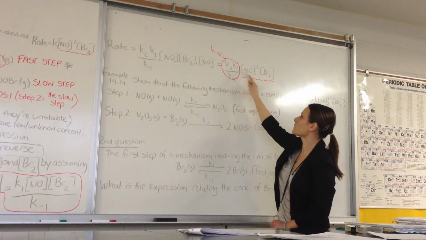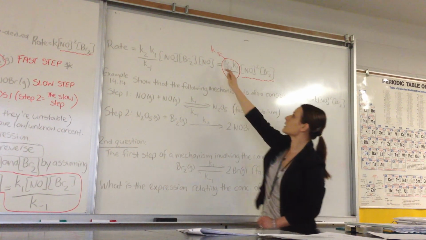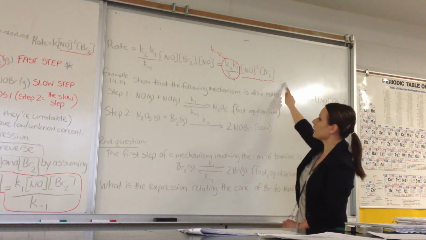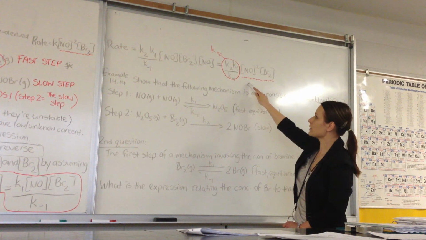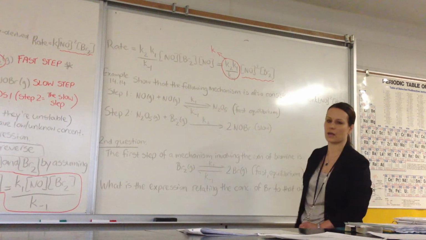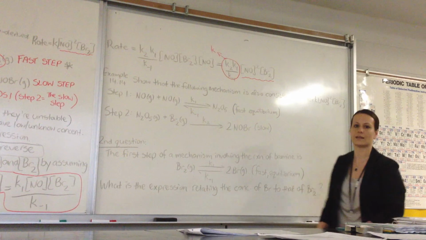The k2 times k1 divided by k negative 1 is really arbitrary because it just means k. You can just write overall k. And now we have proved that this expression is actually true. It's not only consistent, we've done a mathematical proof. So that's a way to answer this question. And that's it for today.